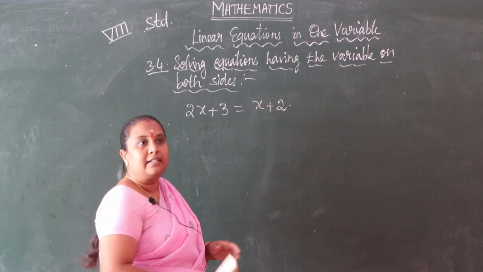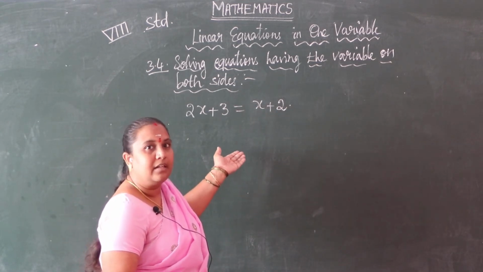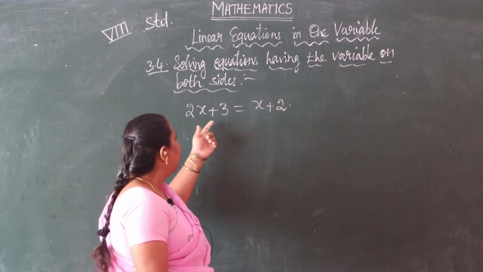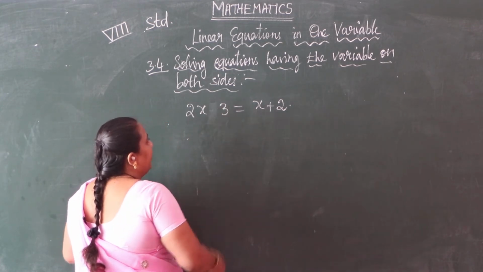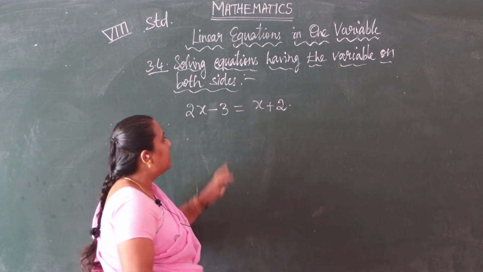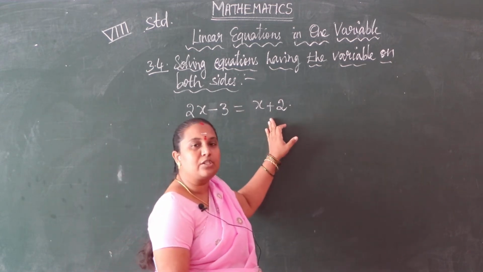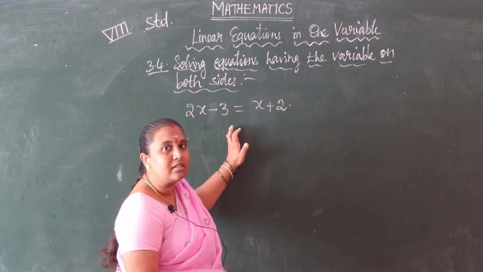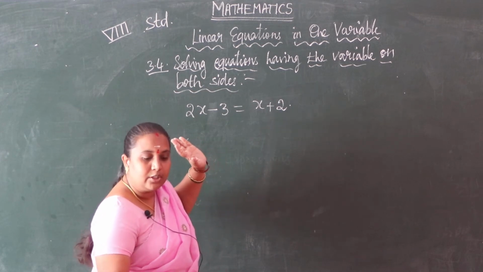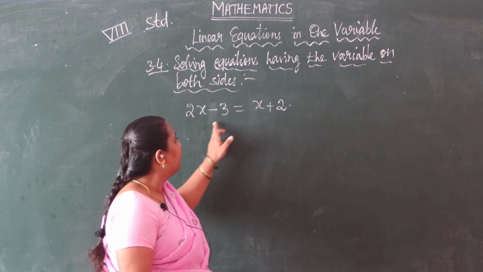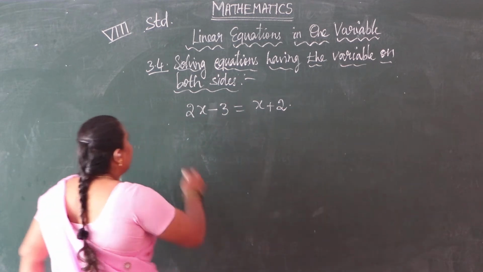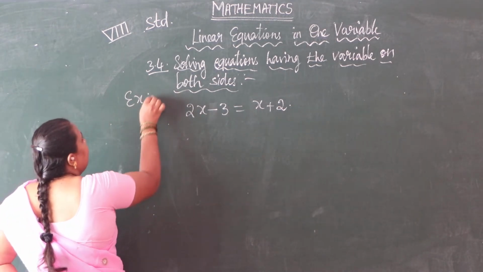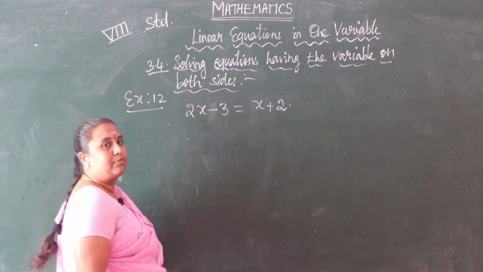Sorry, we should take 2x minus 3 here. In your textbooks it is like this. This is example 12 in your textbook.